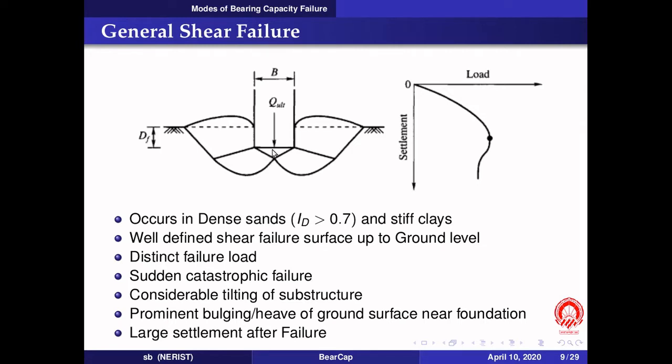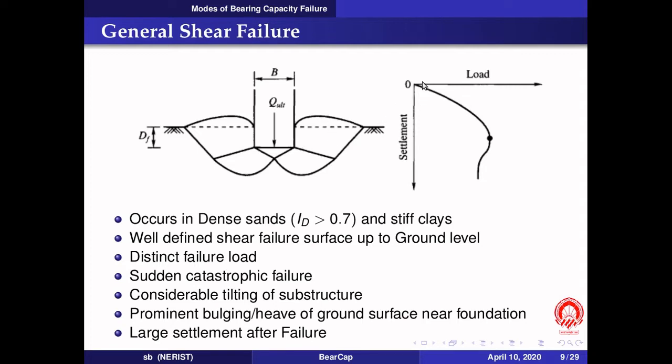The soil remains in an elastic state in that zone. Then my shear failure surfaces develop in this manner, and these shear failure surfaces extend up to the ground level in case of general shear failure, which occurs in dense soils, namely dense sands and stiff clays.